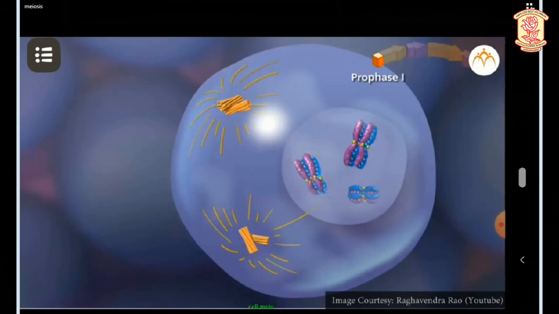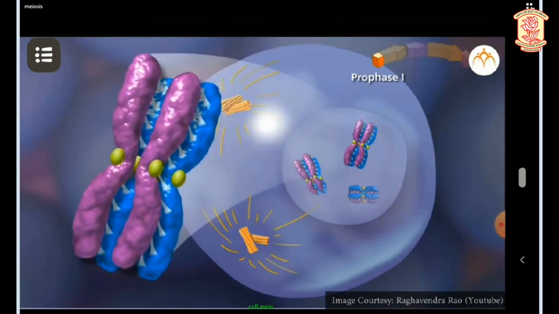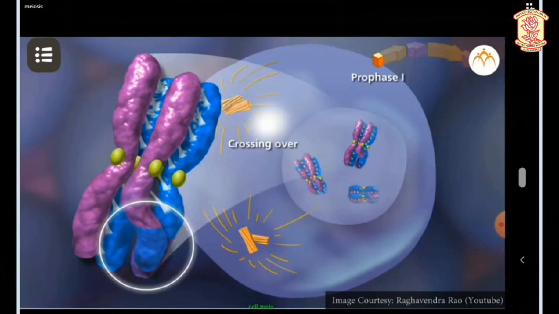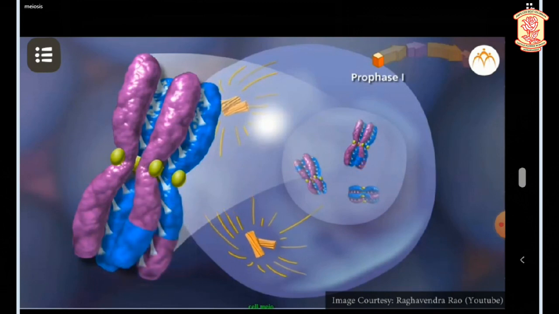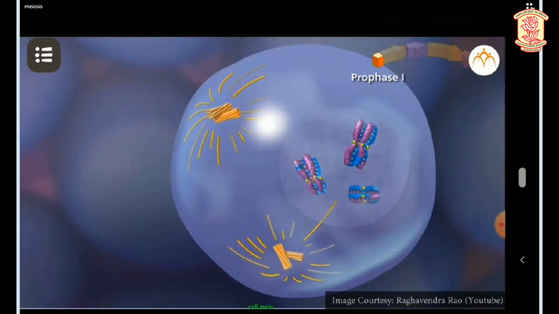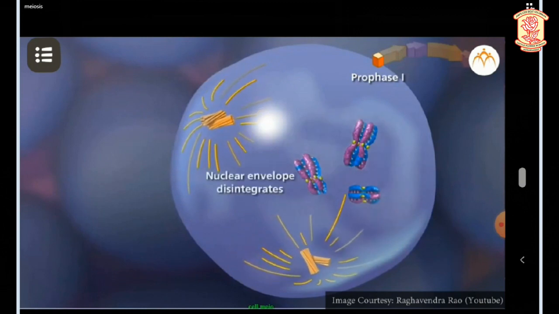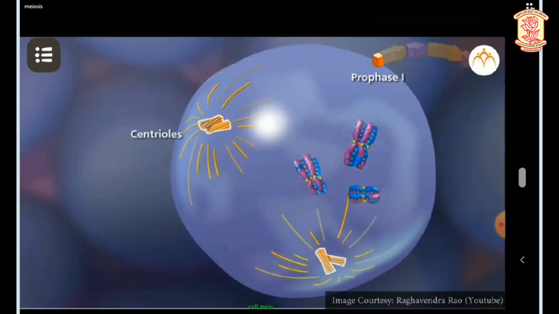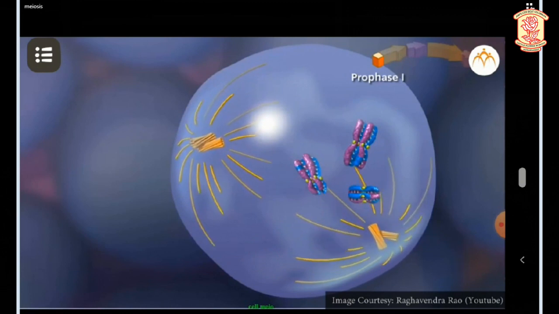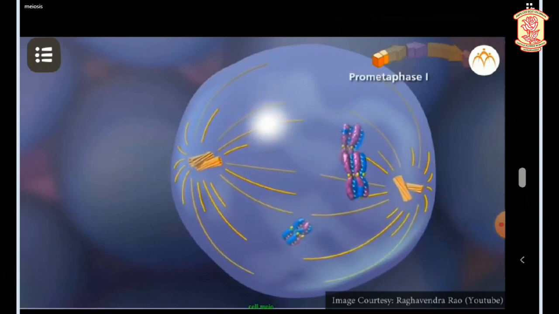As you can see, the process continues. The DNA, instead of duplicating, is crossing over each other. Due to this crossing over, the genes are exchanging the chromatins. The cell produced will be exactly different from the parent cell.